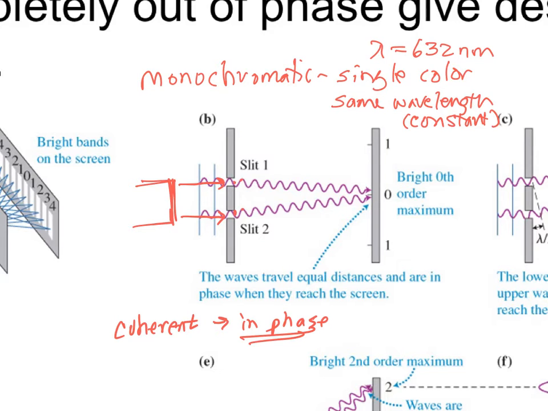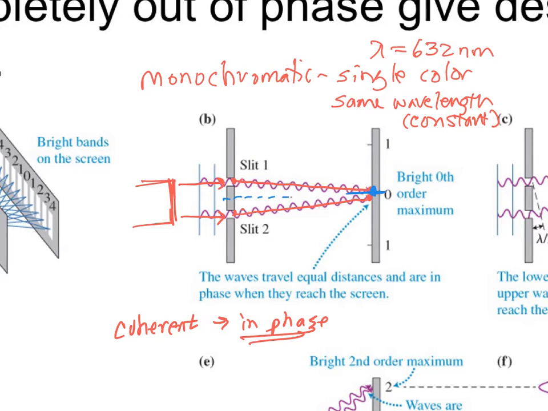So you can imagine when this wave hits the screen right there, and this one hits the screen over here, they've traveled exactly the same distance. This is a point that's perfectly in the middle of those two slits.